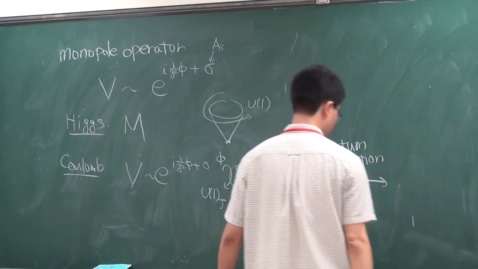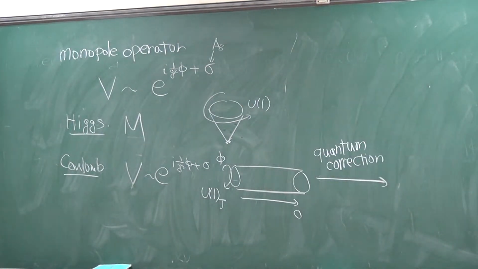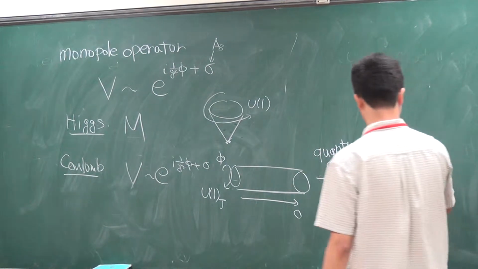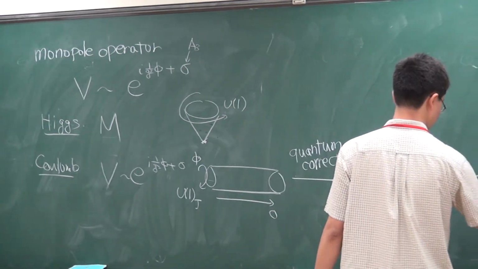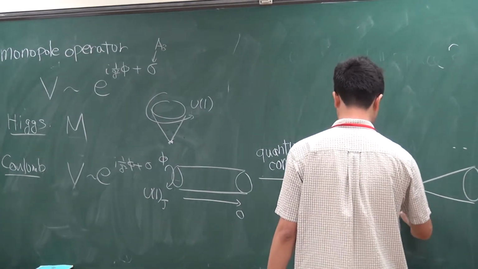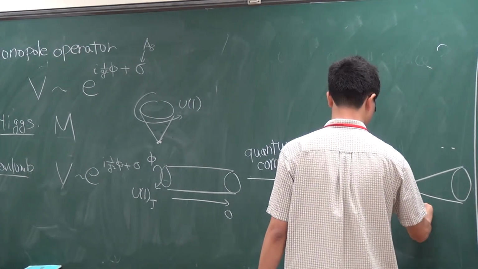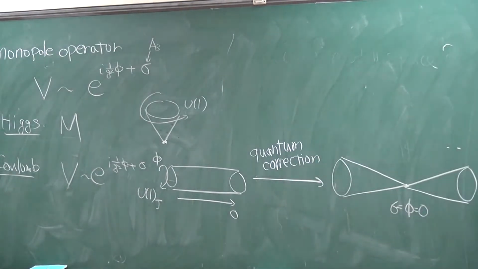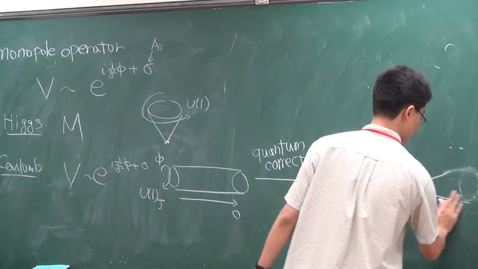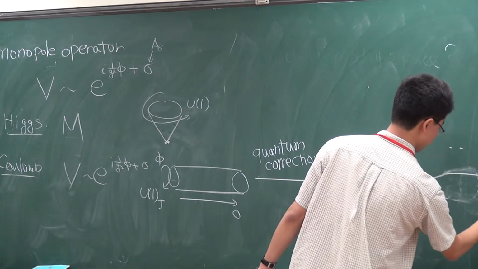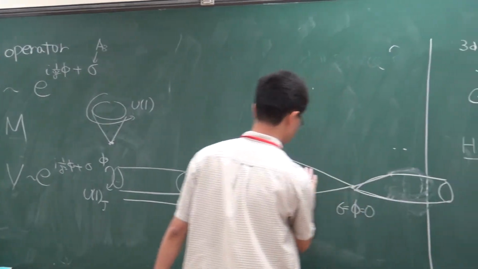There is a quantum correction which pinches off the cylinder at a certain point. But that certain point is precisely the value sigma equals phi equals 0, which is the point where these things intersect. Well, metrically it's not really like that, it's smooth, like a cigar, so probably I should write it in this way.